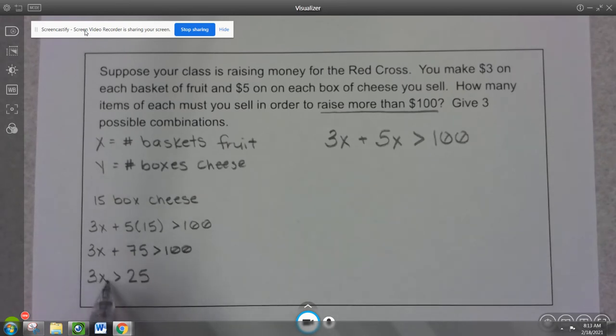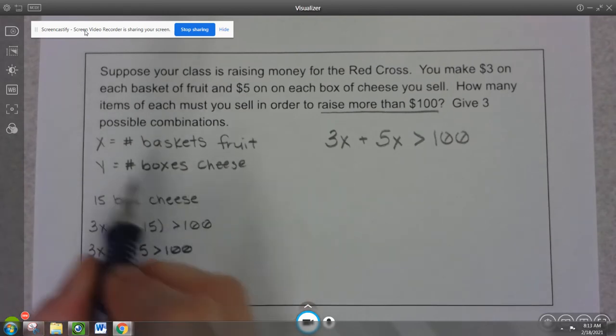So 8 times 3 would be 24. 9 times 3 would put me over, so that's fine. So that tells me my x value has to be bigger than 8. Now, these can only be whole number answers because it is a tangible object that cannot be a fraction.